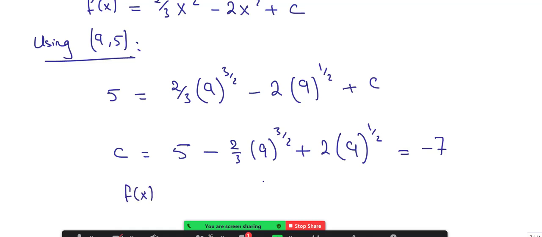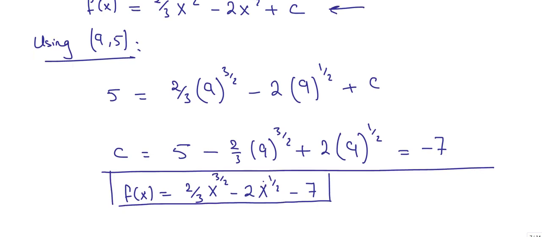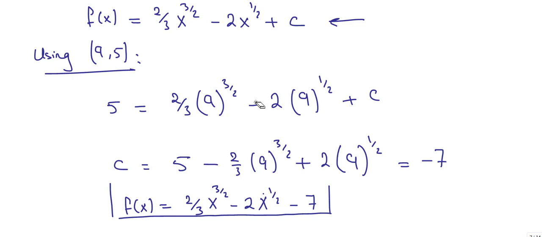So f of x will equal 2 over 3 x to the 3 over 2 minus 2 x to the half minus 7. Up to here, is it clear for everyone? Does anyone have any question, any objection, another idea? This is the final answer.